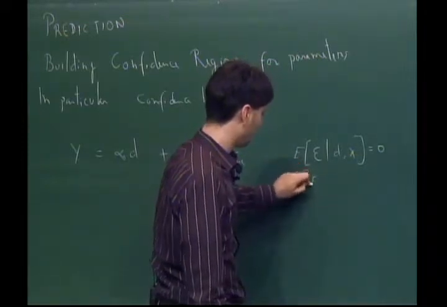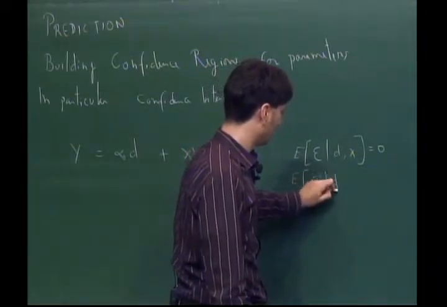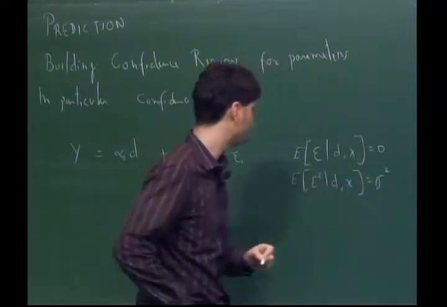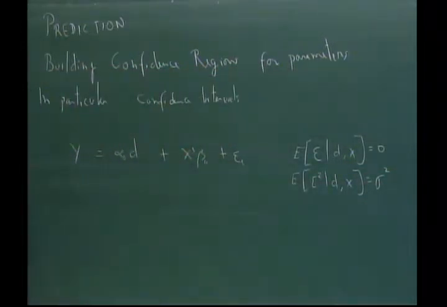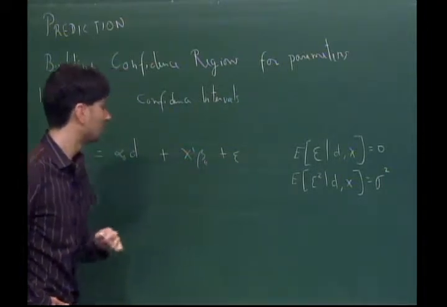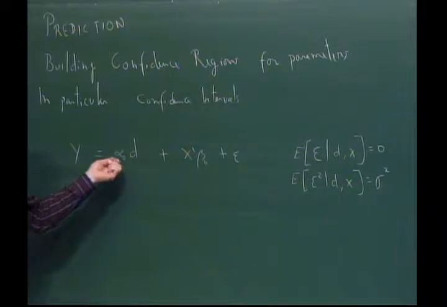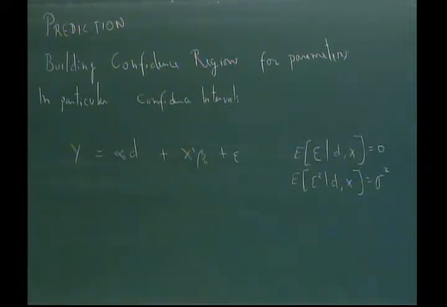And for now, I'm also going to assume a homoscedastic model. It's not too hard to relax that. But this is the model I want to focus on. So my whole goal here is to estimate this treatment effect at the end of the day. Essentially, I want to build confidence intervals for alpha naught.